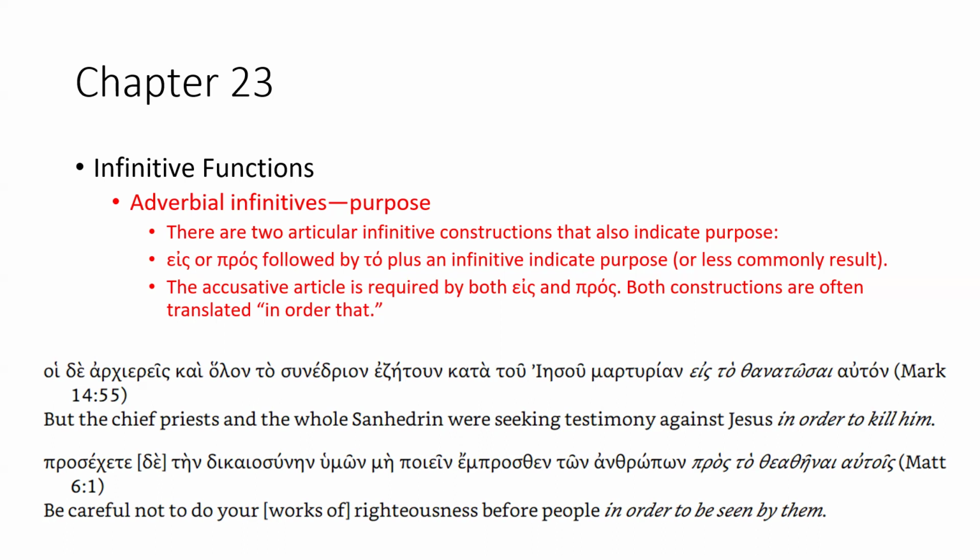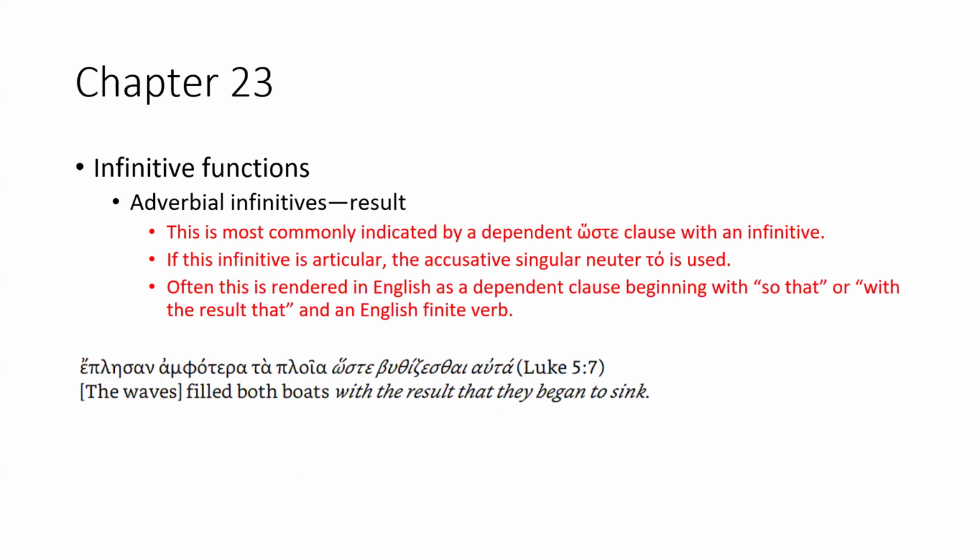Eis to, in order to. Prosechete de tein dikaiosunen humon mei poiein emprosthen ton anthropon pros to theathenai autois. Be careful not to do your works of righteousness before people in order to be seen by them. Pros to, in order to, theathenai autois, to be seen by them.